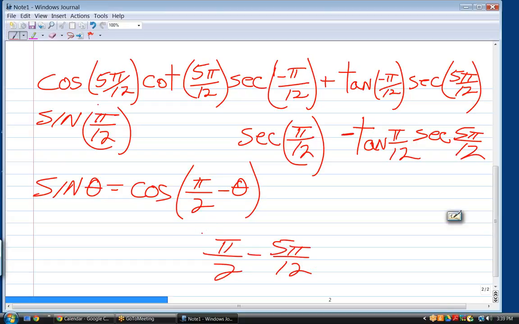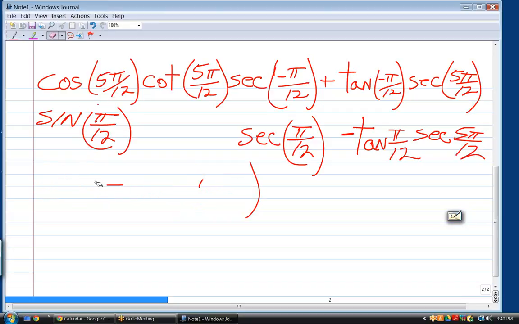Well, if you find a common denominator and do the subtraction, you get pi over 12. So I can say that cosine of 5 pi over 12 is the same as sine of pi over 12, based on their cofunction property.